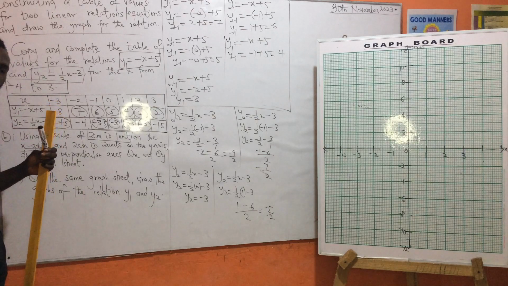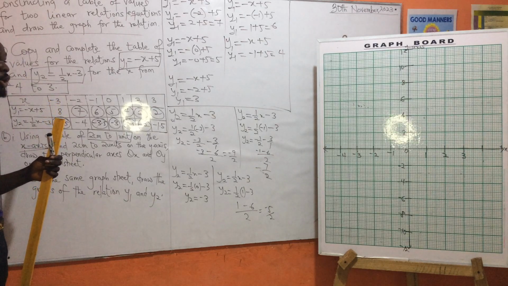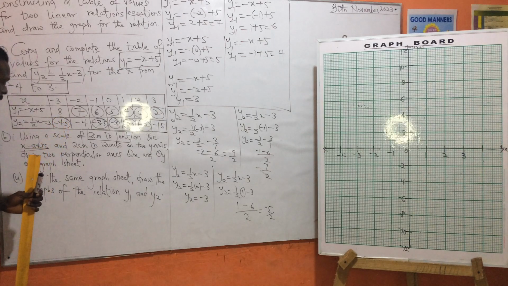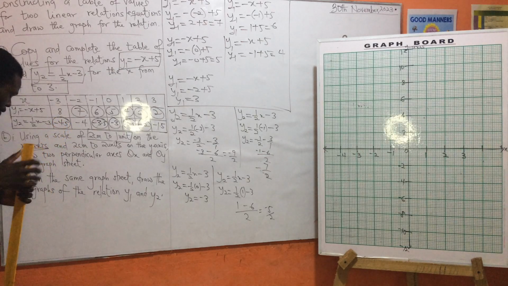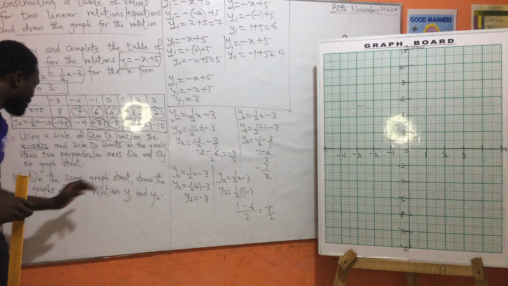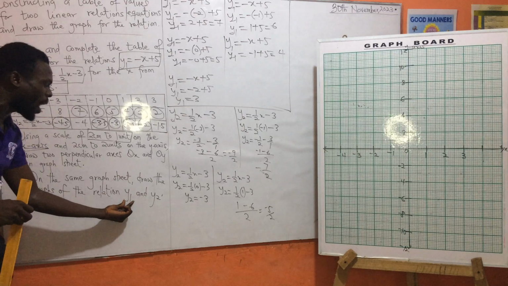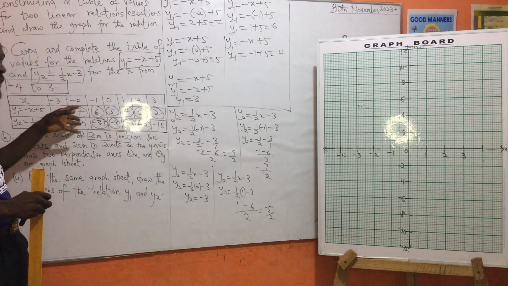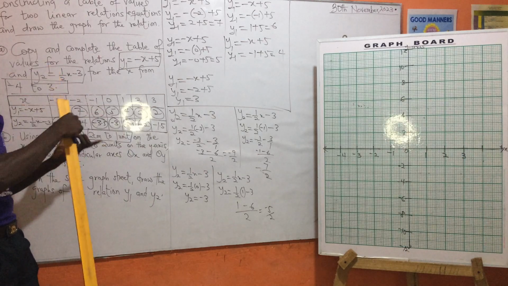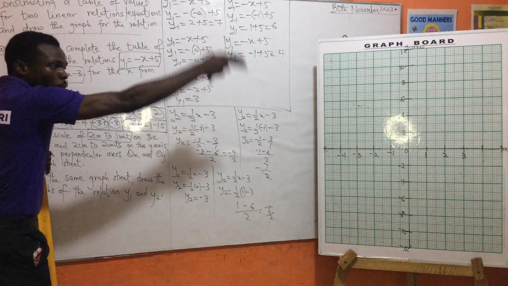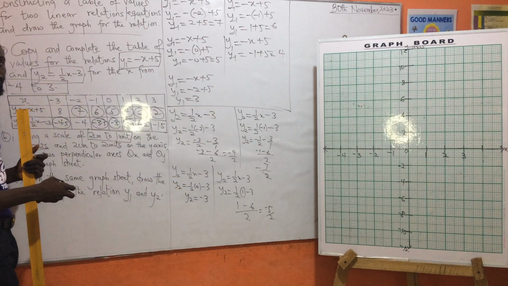Now being able to draw your perpendicular axes, we continue, knowing what the question is demanding. Now the question says, on the same graph sheet, draw the graphs of the relations y1 and y2. We have to draw the relation that we were able to copy and complete the table. So you have to plot these points on the graph.